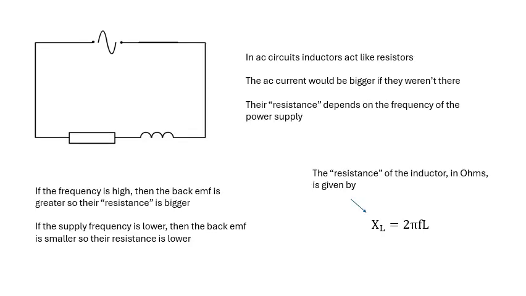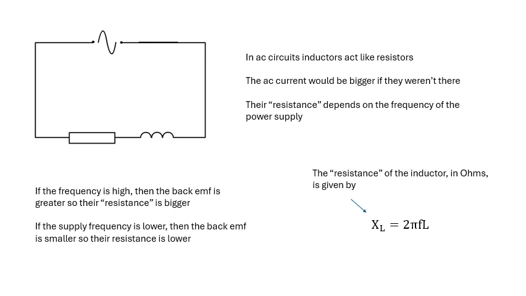Now, in an AC circuit, the power supply voltage is changing all of the time. Because of that, the back EMF will be changing all the time, but it will always be opposing it, always working against the power supply voltage.